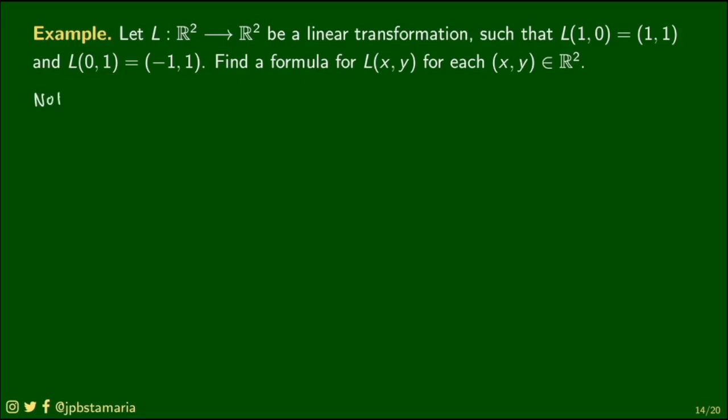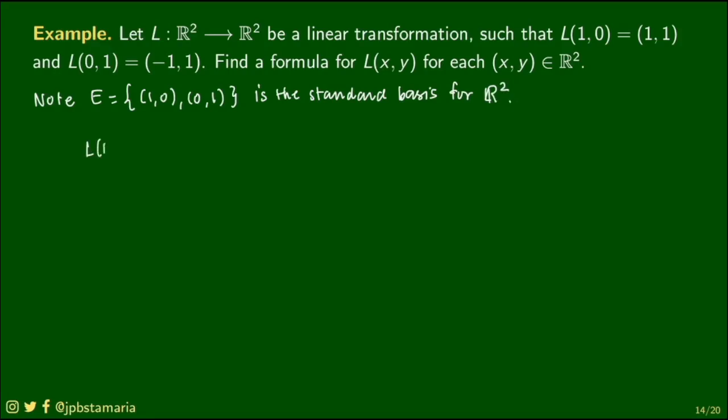Take note that the set E consisting of (1, 0) and (0, 1) is a basis for R2. In fact, this is the so-called standard basis for R2, right? Here we're given that L of (1, 0) is (1, 1), and L of (0, 1) is (-1, 1).